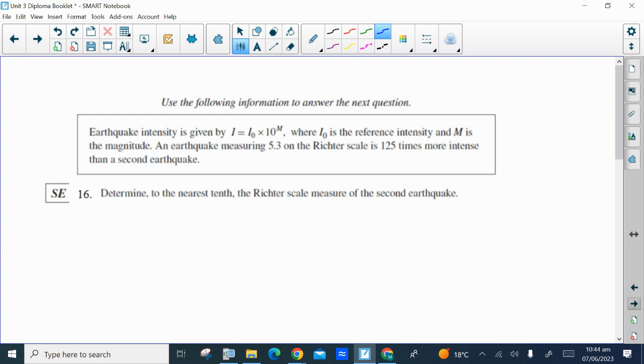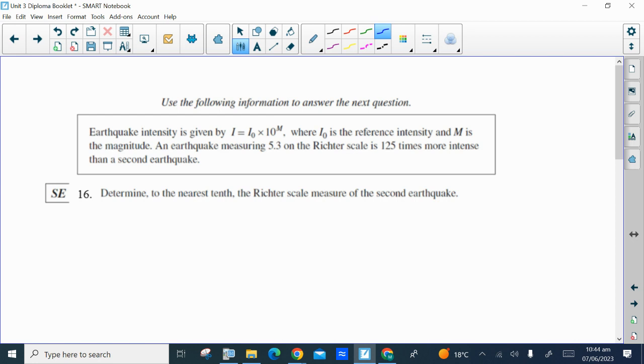Determine to the nearest tenth the Richter scale of the second earthquake. So I sub 2, the second one, is 125 times more intense, or the first one I should say is 125 times more intense than the second one.